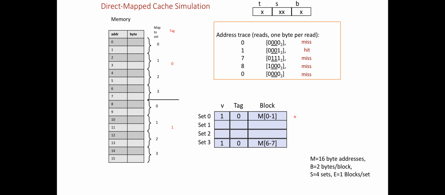So in modern systems we usually use these E-way cache setups so that we can avoid some misses that might occur like this.